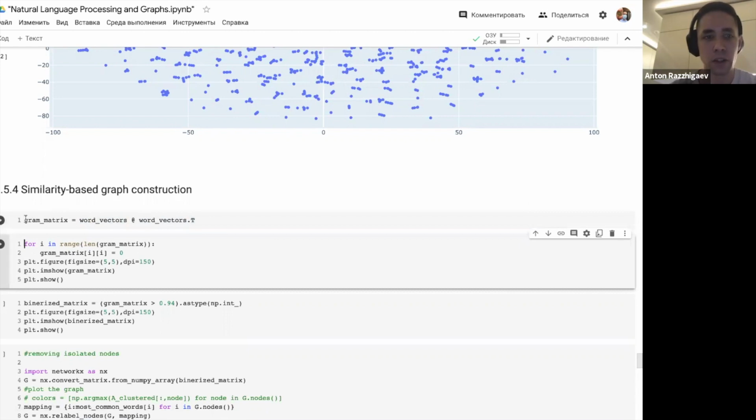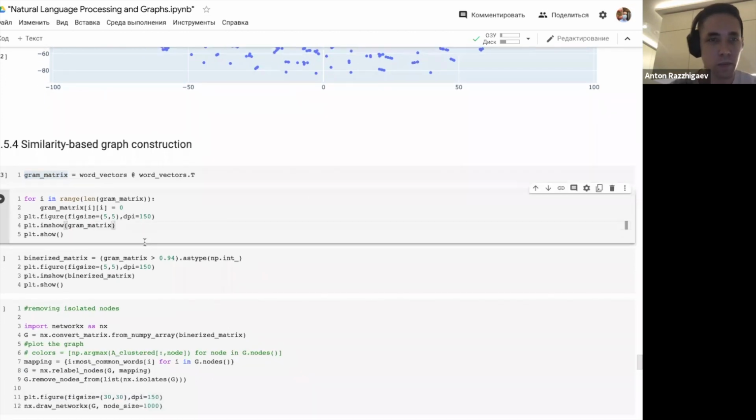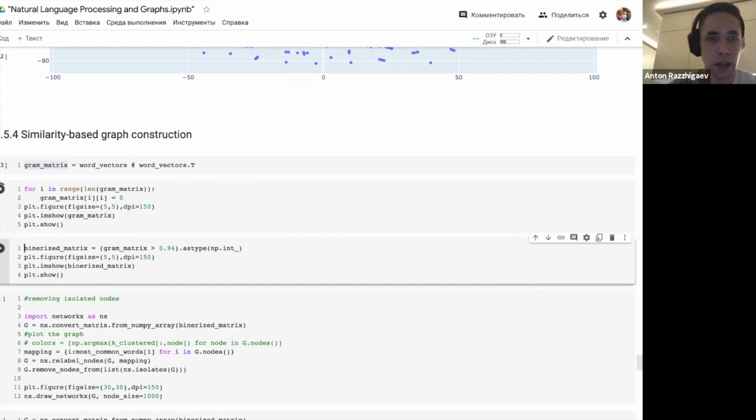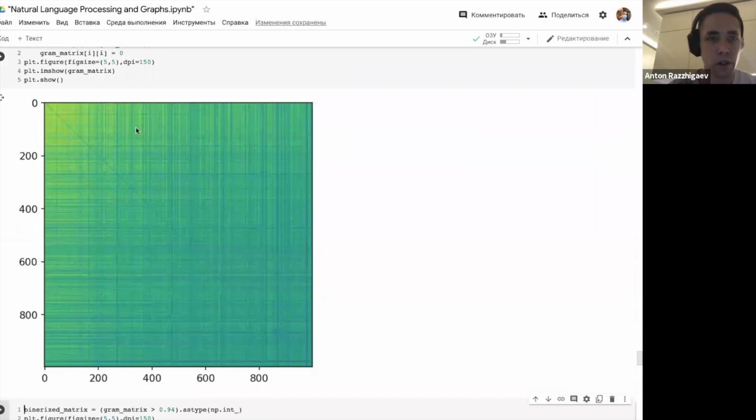So this matrix is a matrix of pairwise distances. Here we set our diagonal to 0, and we can plot our similarity matrix. This matrix represents a fully connected similarity graph with edges of weight equal to similarity between nodes.